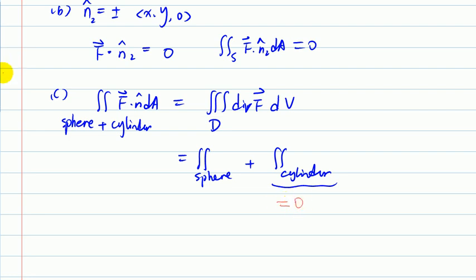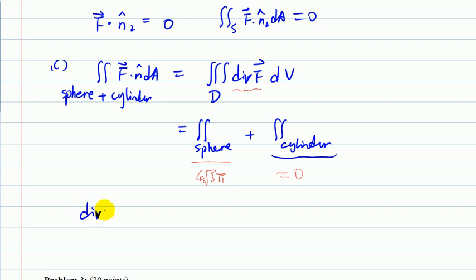Now, what is the flux across the sphere? We also calculated that in part A, which is 4 square root 3 pi. We don't see the volume yet. But let's try to calculate this divergence F here and see what it gives us.